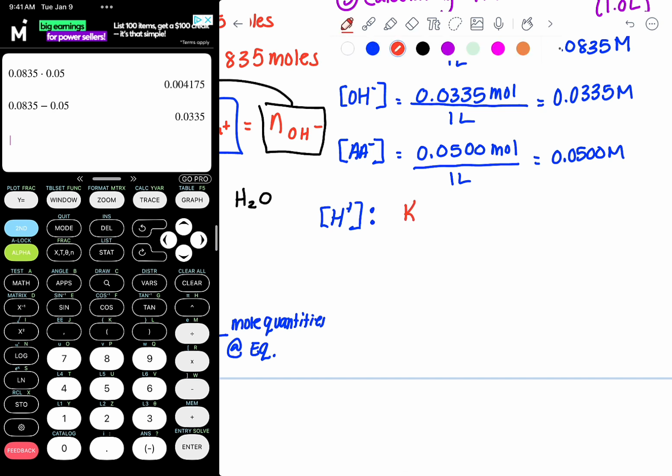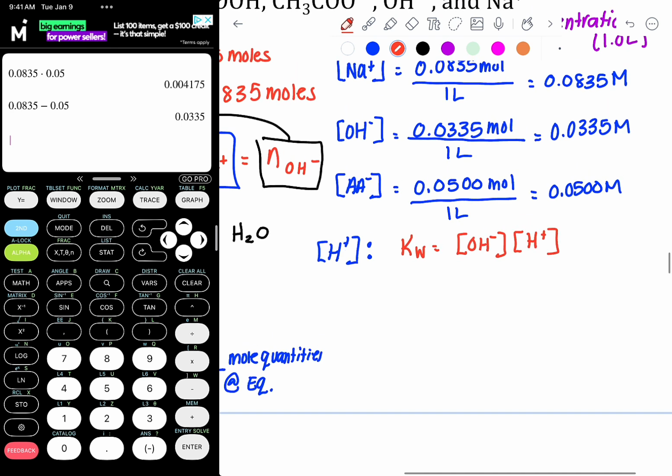We know that Kw is equal to the concentration of OH- times the concentration of H+, right? We learned that when we started talking about acids and bases, and we showed how that can be derived. Well, we know OH-, it's right there. We know Kw, that's a constant, so we just have to take that 1.0 times 10 to the minus 14, plug in our OH- concentration, and we'll get out our H+ concentration.